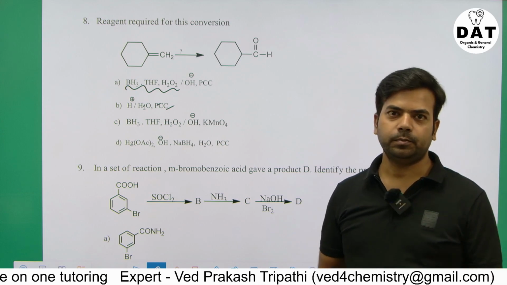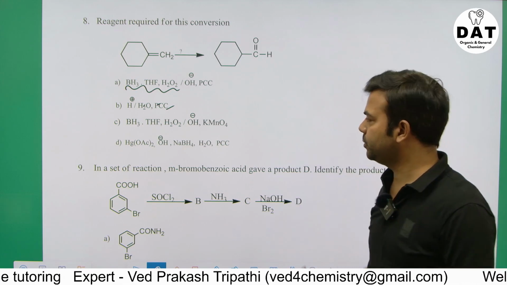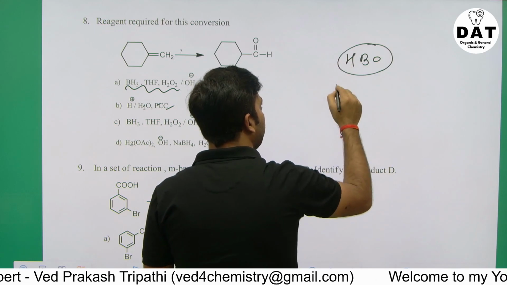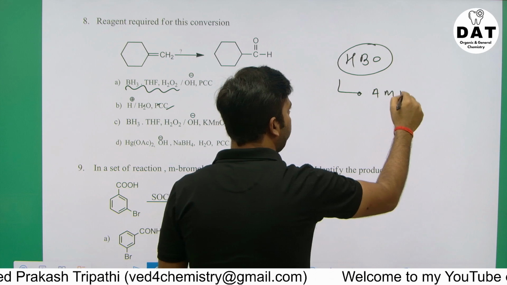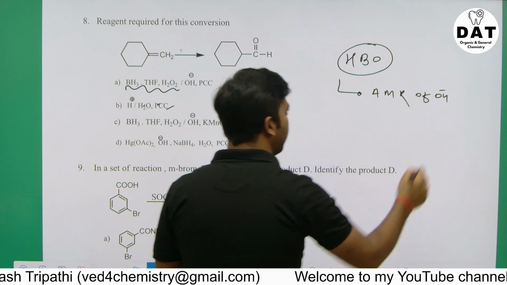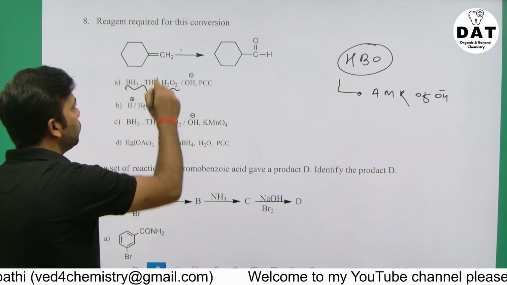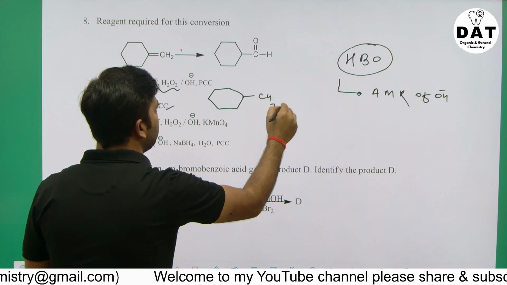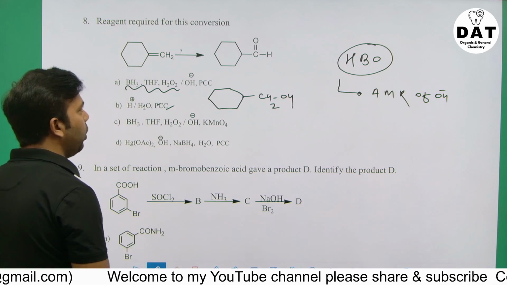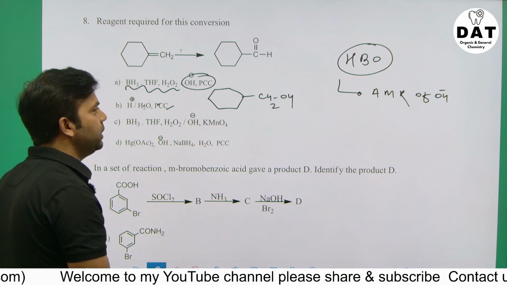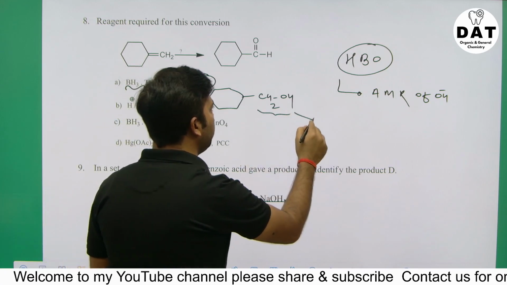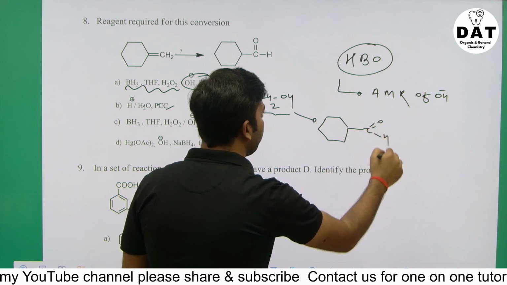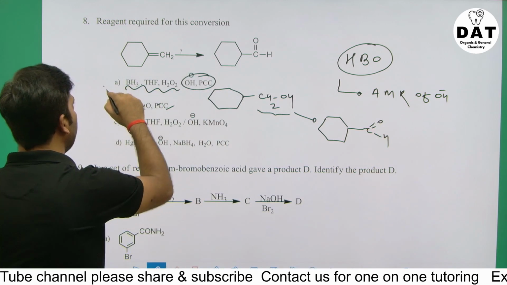It follows the anti-Markovnikov rule with OH minus, which means we have to attach OH according to anti-Markovnikov. So if you draw the product here, it should be like this, CH2OH, and we all know PCC is a mild oxidizing agent, so it will convert primary alcohol into aldehyde. So CH2OH becomes CHO. I think the first combination is absolutely right.